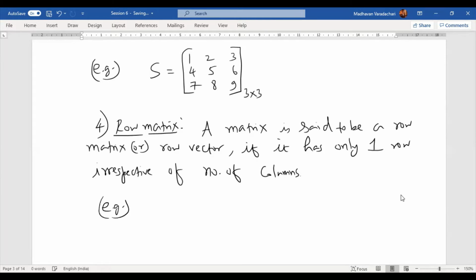Example, I'll say R equal to 1, 2, 3. This has only one row but 3 columns.